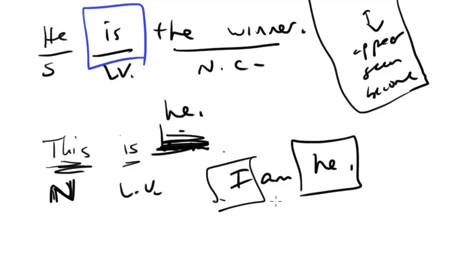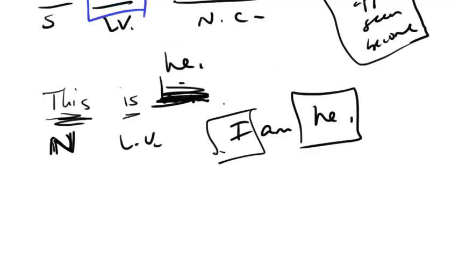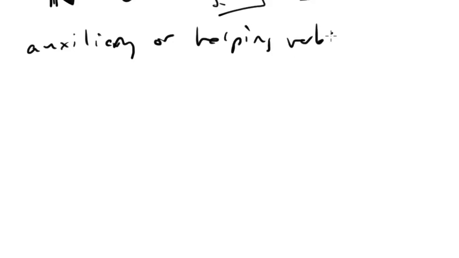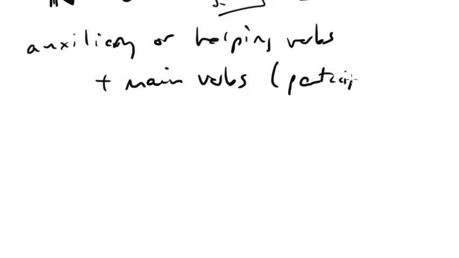Let's go into helping and auxiliary verbs for a bit. Auxiliary or helping verbs go with other main verbs, mostly participles, to help flesh out a thought. It doesn't have to be participles, but can often be participles or the roots.